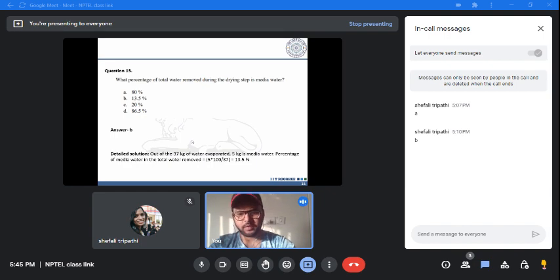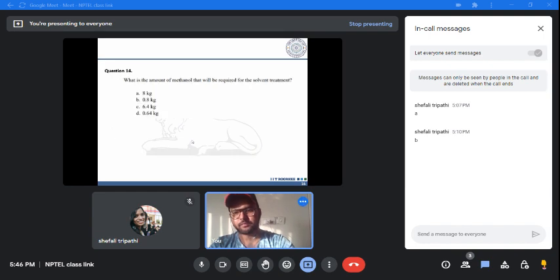Out of 37 kg of water evaporated, 5 kg is media water, so you just need to calculate the percentage of 5 kg in 37 kg of water. That will be 13.5 percent. So that is B, 13.5.